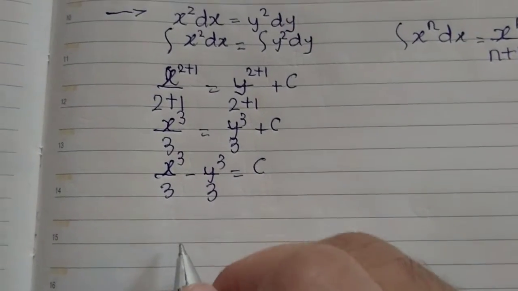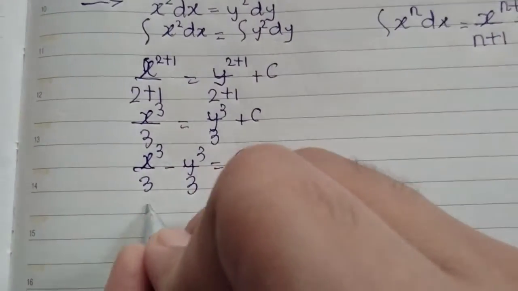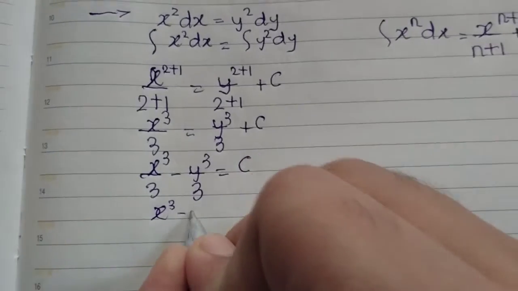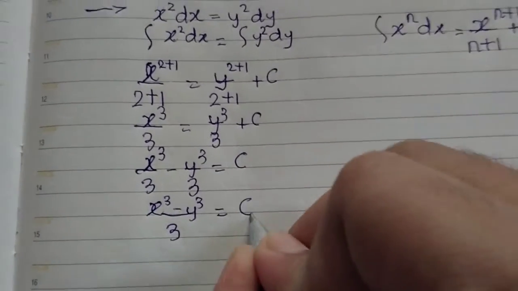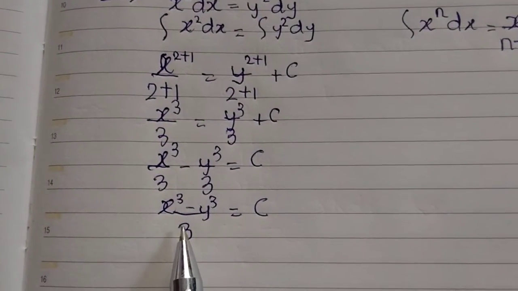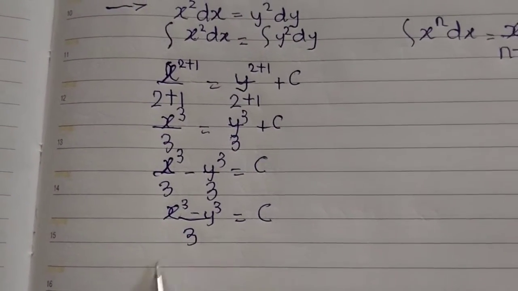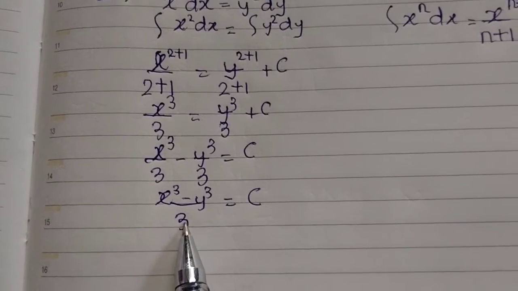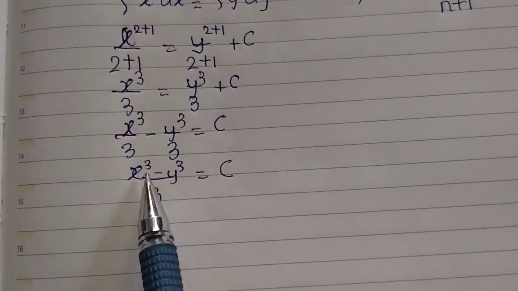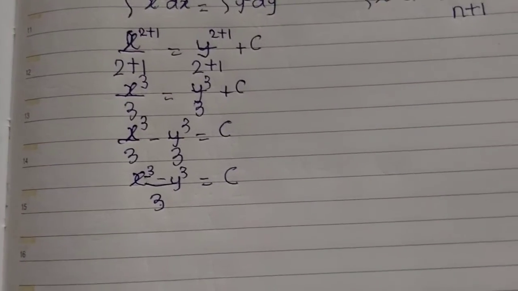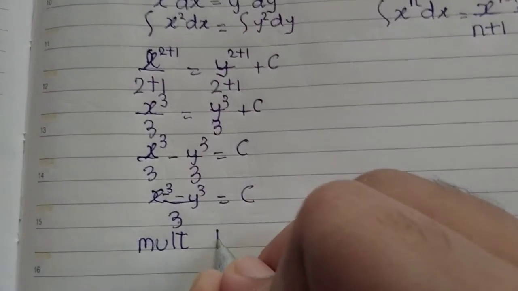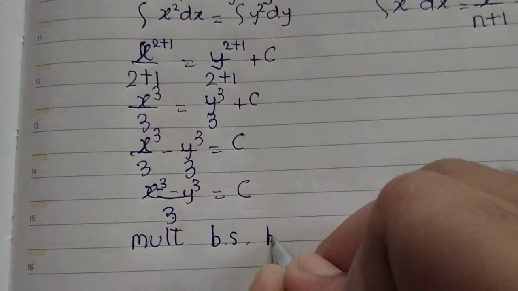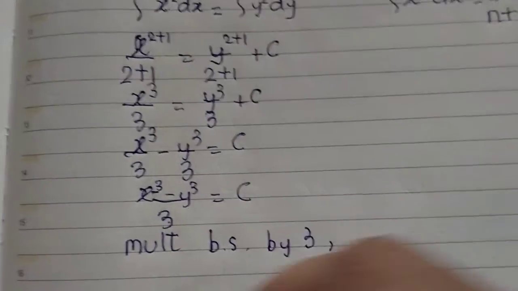Taking 3 common, we will get x cube minus y cube upon 3 is equal to c. Now how to cancel out the 3 part? The only way to cancel out the 3 part is to multiply both the sides by 3.